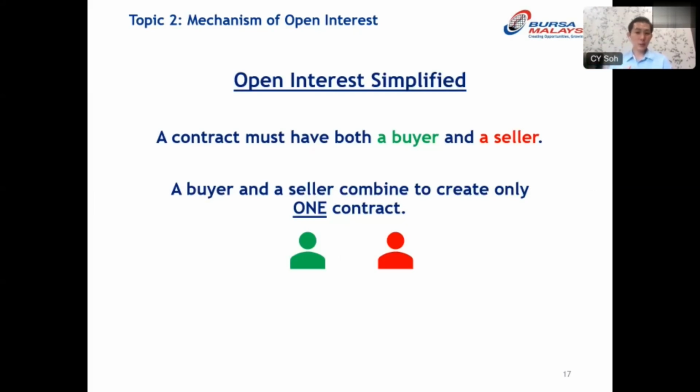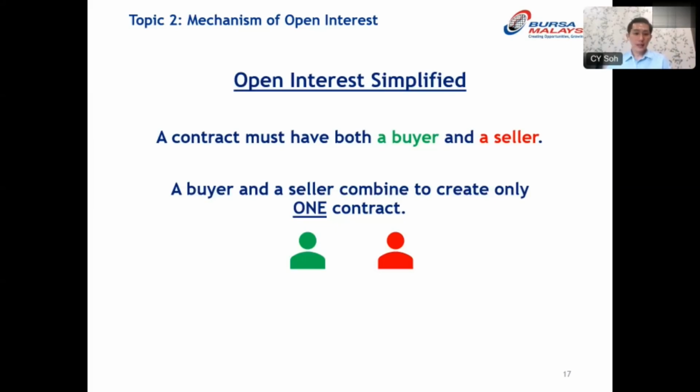So when we mention 50,000 open interest, it means long and short contracts altogether. To make it simple, open interest is the number of contracts already open but not closed yet.